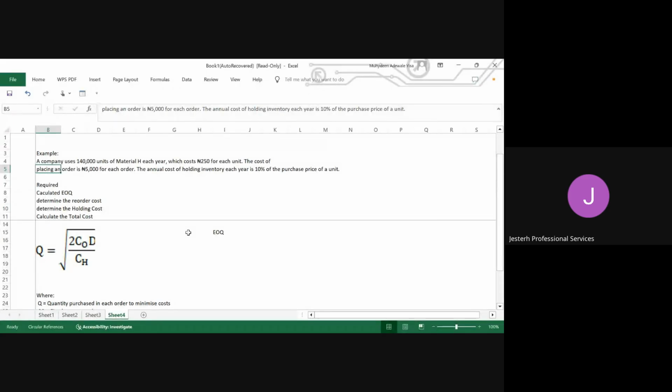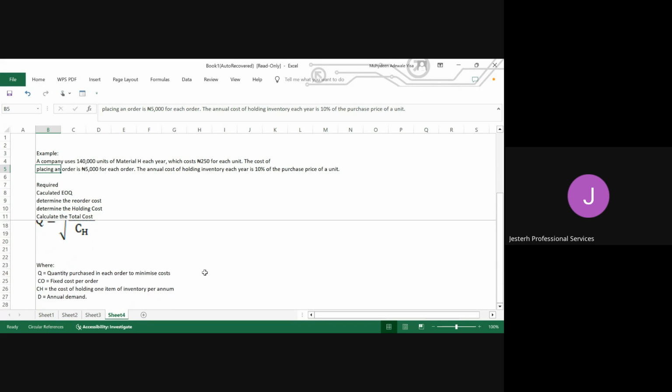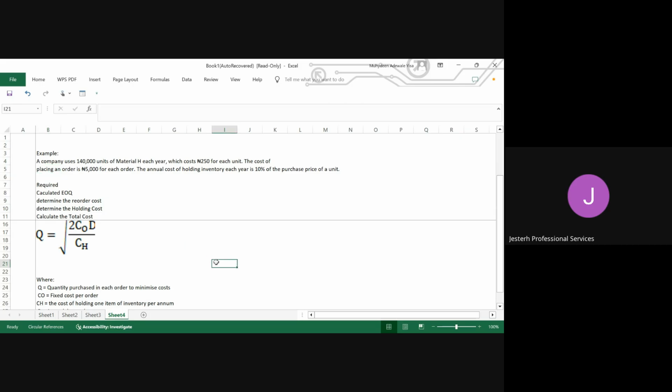Now, the question here is, remember our formula said 2CoD divided by Ch, then square root. Now, what is our Co in this question? Our Co stands for the cost of placing an order. Now you come here, Co is equal to 5,000.